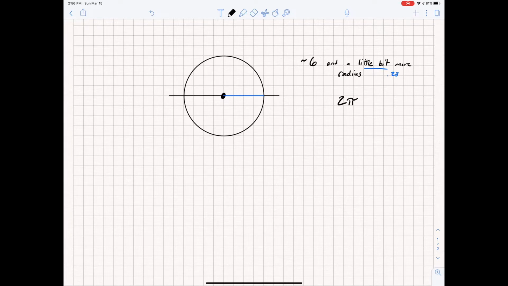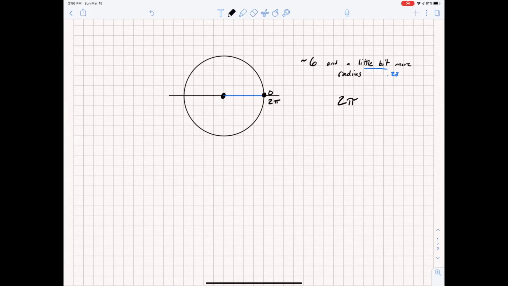So if I start in the standard position, where this is my 0 angle, my 0 radian, going all the way around would be exactly 2 pi radians. One full circle would be worth 2 pi radians in the grand scheme of things.